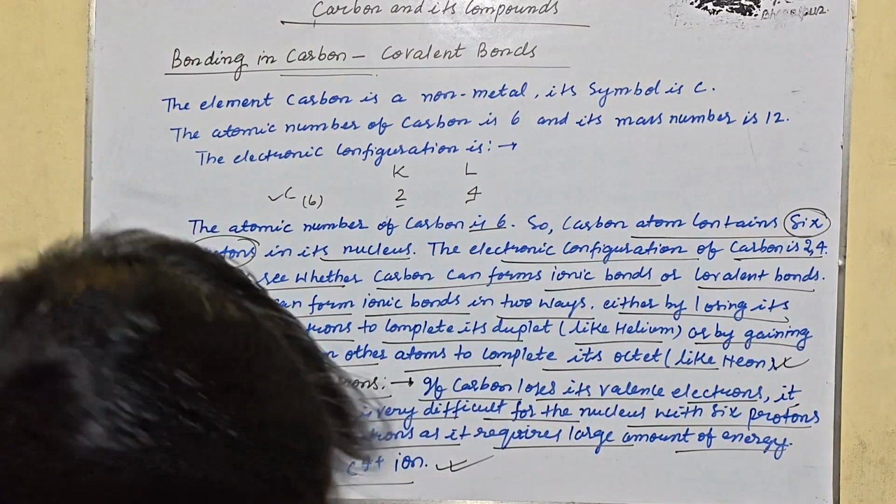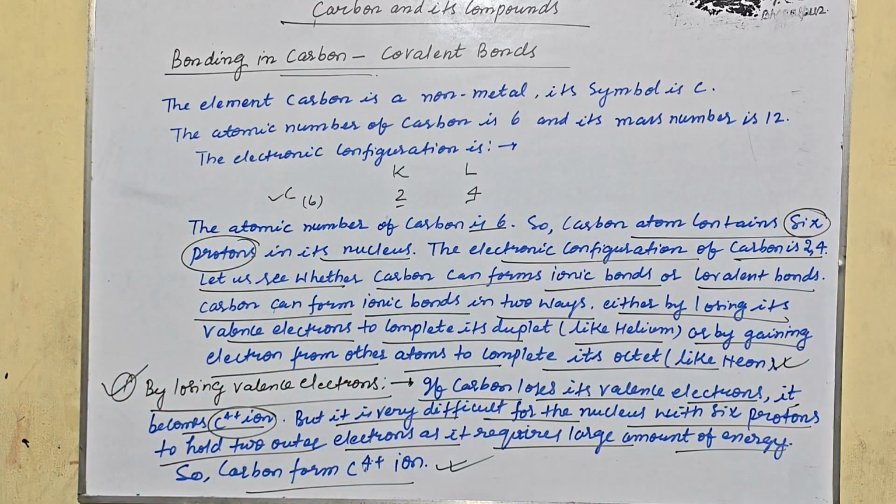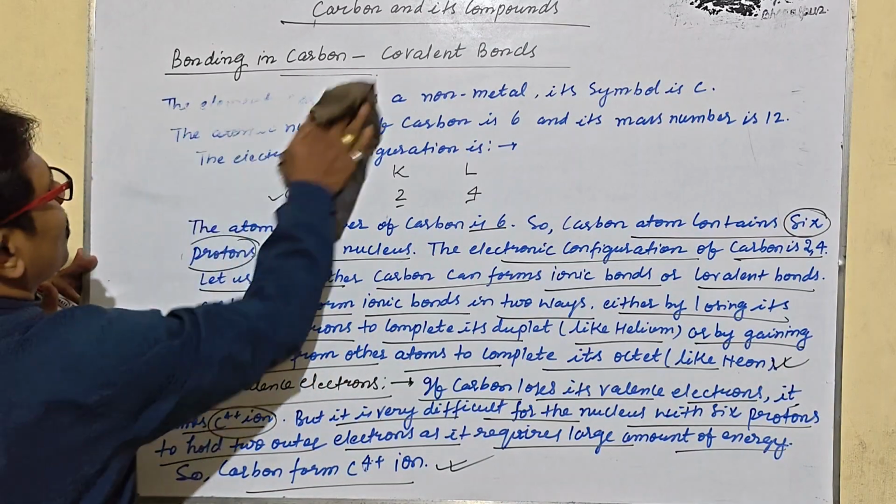Let us understand the second way of carbon, that is by gaining electrons.